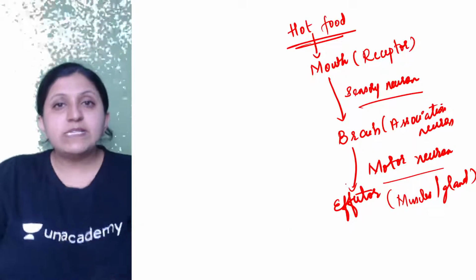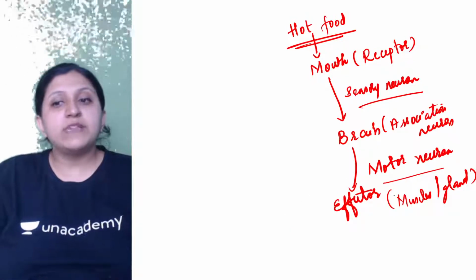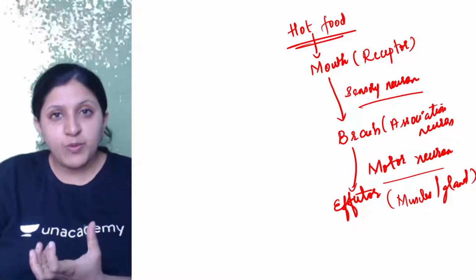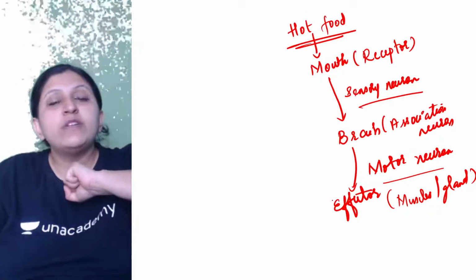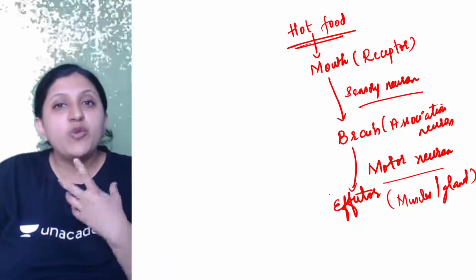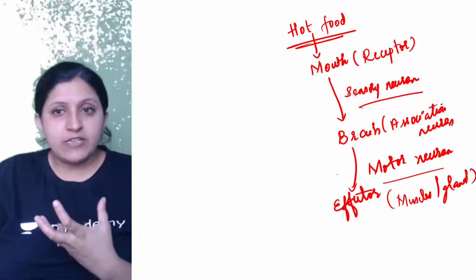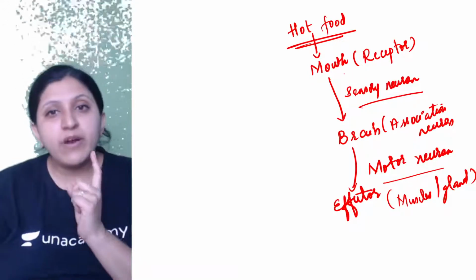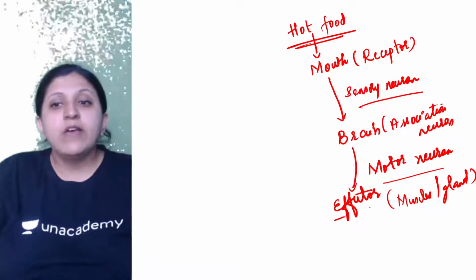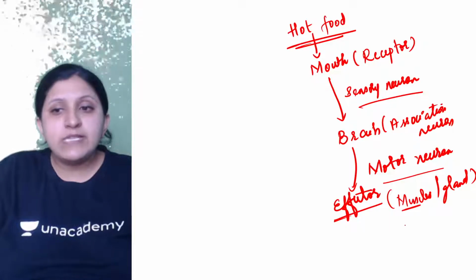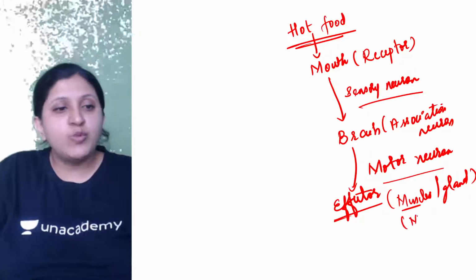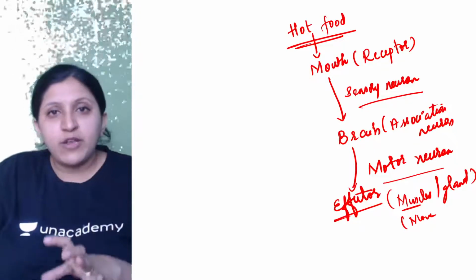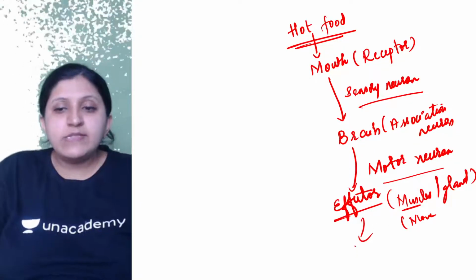The muscles of the tongue, the effector, have received the signal from the motor neuron to spit it out, because you will burn your tongue if you keep this hot food in your mouth. So the muscle has to move so that you spit it out and do not burn your mouth. That is the response.